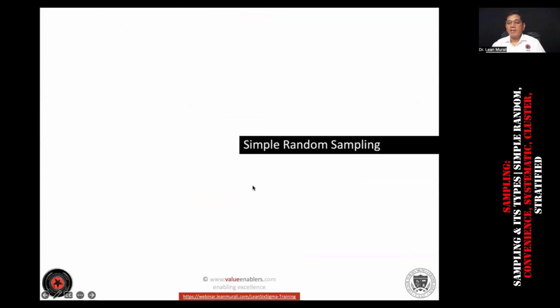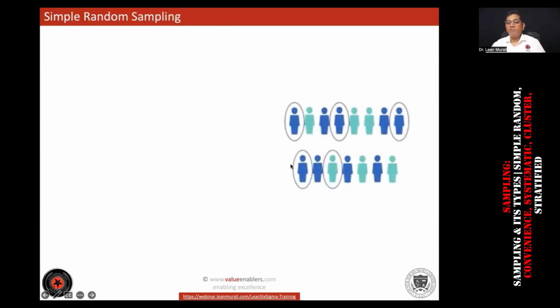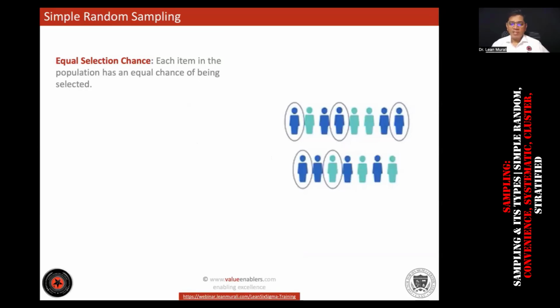Now, simple random sampling. Simple random sampling is nothing but if you have a lot of people, you just pick a few people randomly and collect the details. What does randomness mean?